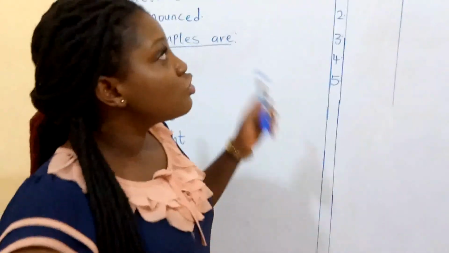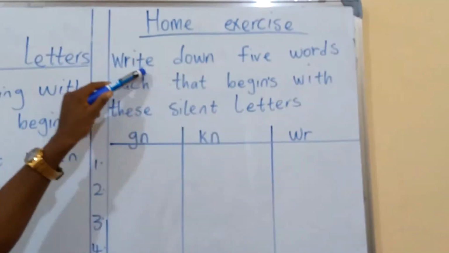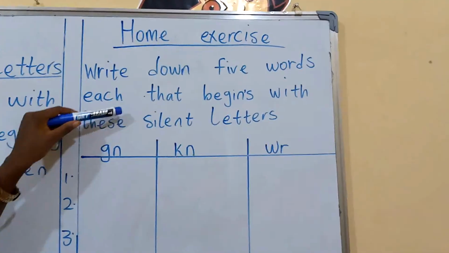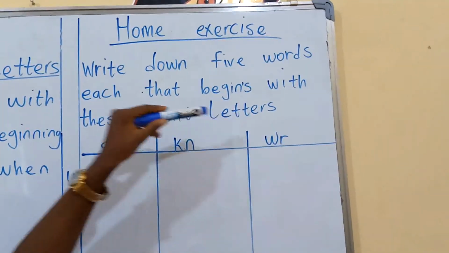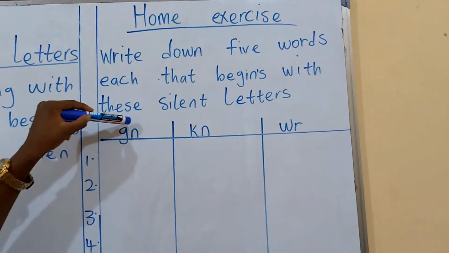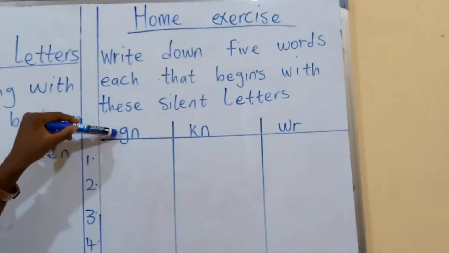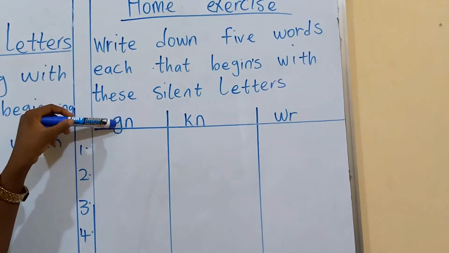Okay, so this is the exercise on the board. What does it say? It says you should write down 5 words each that begin with these silent letters. We have the first silent letter, which is what? GN. Remember what we said earlier about silent letters. Remember the first letters are silent.